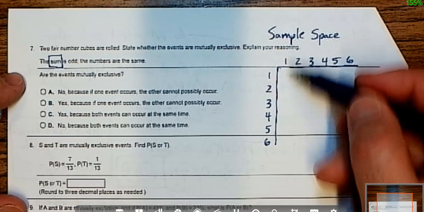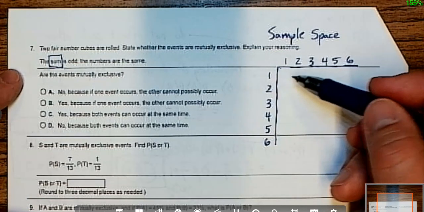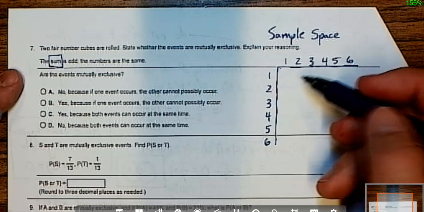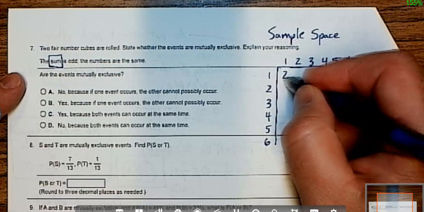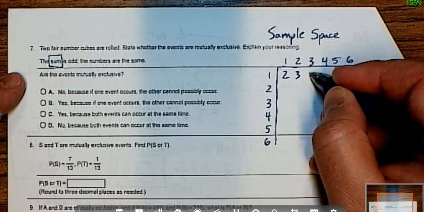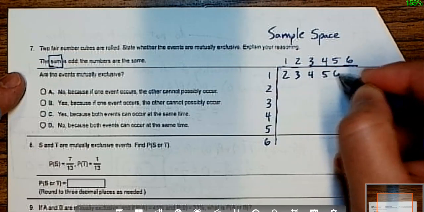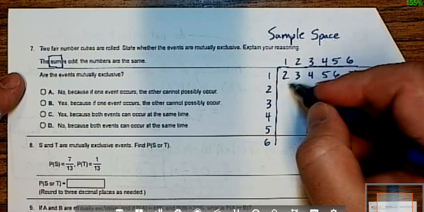If we roll a 1 and a 1, commonly referred to in the casino world as snake eyes, for obvious reasons, what's the sum of 1 plus 1? 2. And if we roll a 1 and a 2, that'd be a 3, and a 1 and a 3, that'd be 4, and a 5, and a 6, and a 7. There's your top row. Well, guess what?